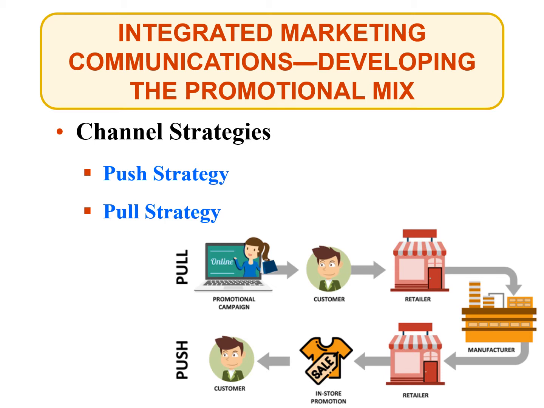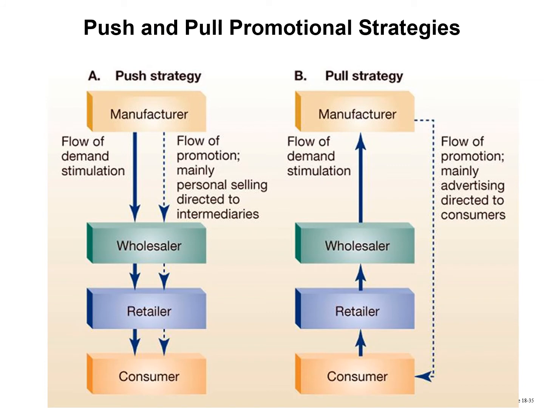We'll try to understand this again through this picture over here. So A you see is push strategy. We're going to discuss that first. Again, the manufacturer promotes the products to the wholesaler, and you see the dotted line over there shows the flow of promotion.